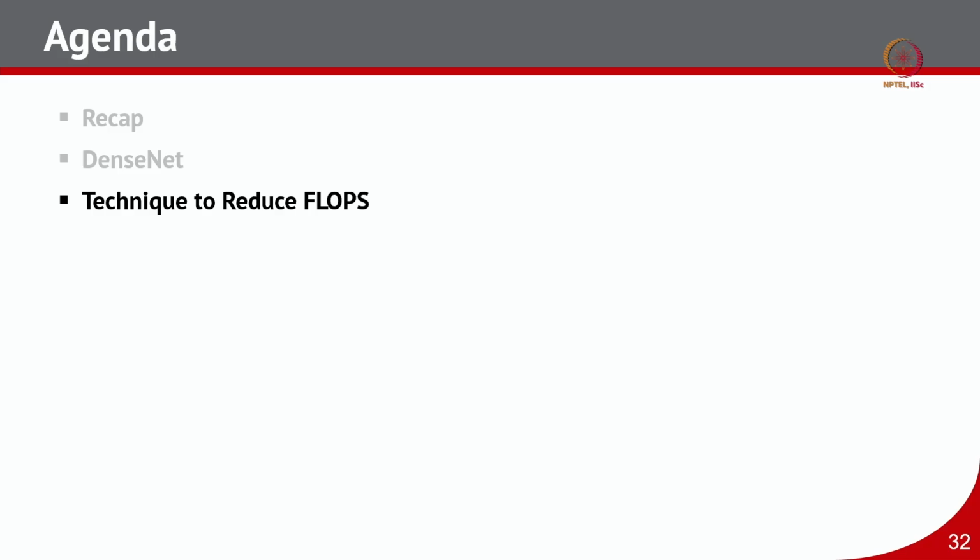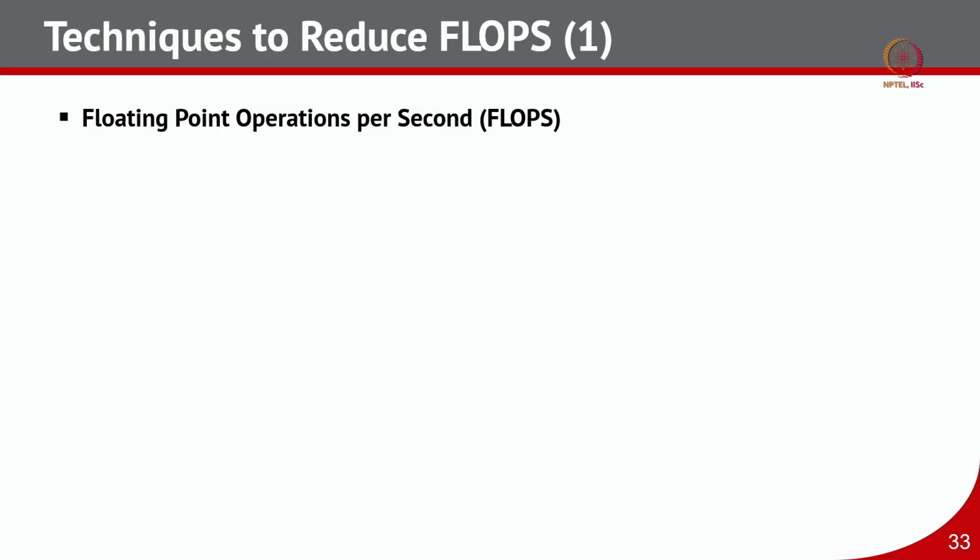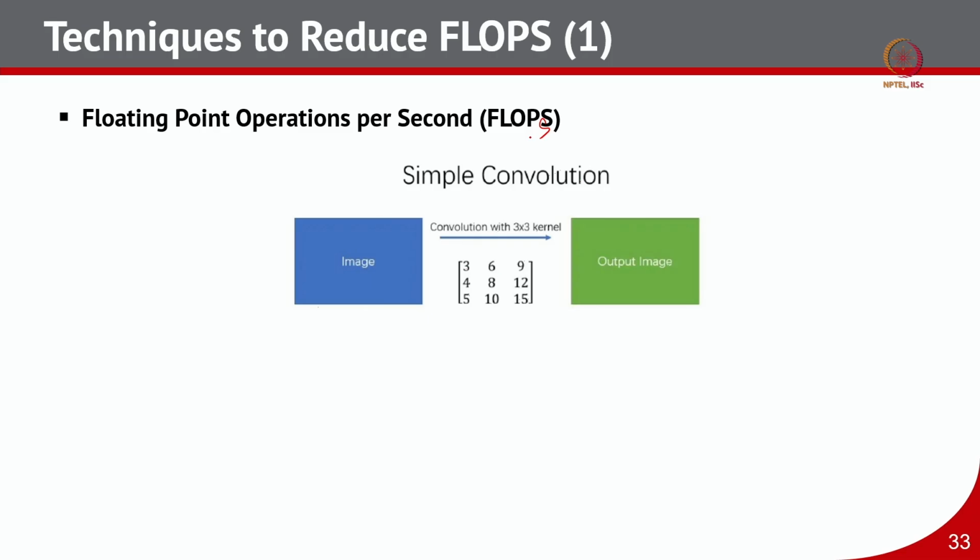So let us start with some simple techniques to reduce FLOPs. When we say FLOPs, it can mean floating point operations per second or just floating point operations. Usually FLOPS with a small s means floating point operations per second, although here by mistake I put a capital S.